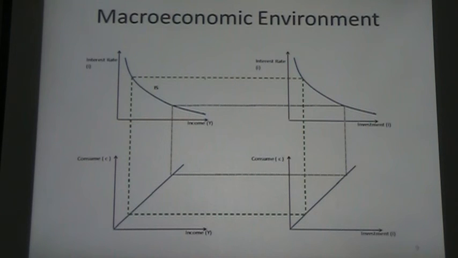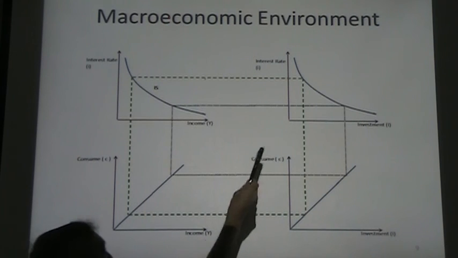What is happening here? Suppose in this picture you have the interest rate. The interest rate is high; you can reach the green line. If you have a higher interest rate, the level of investment will be lower.